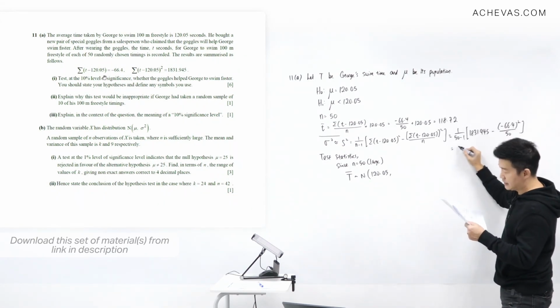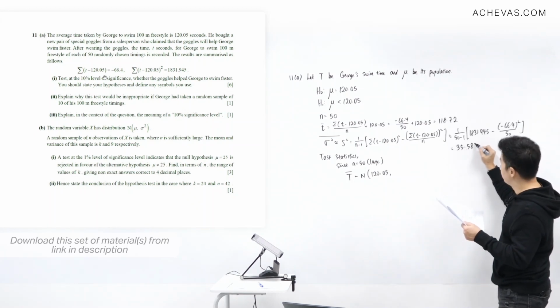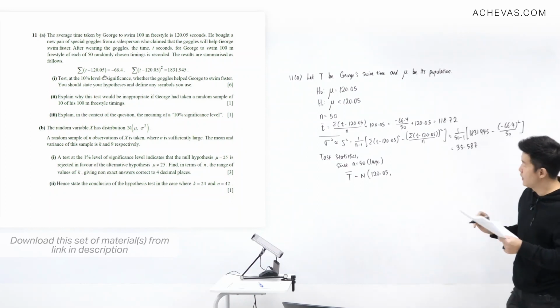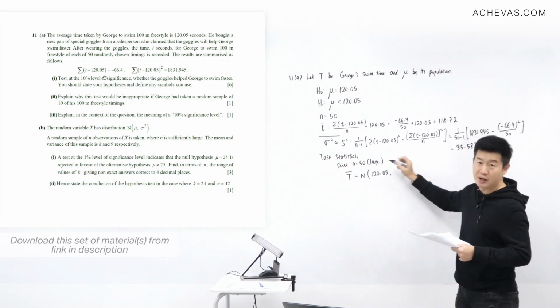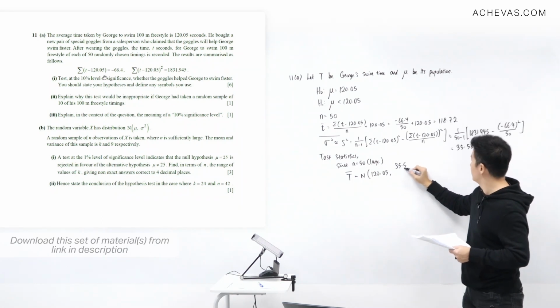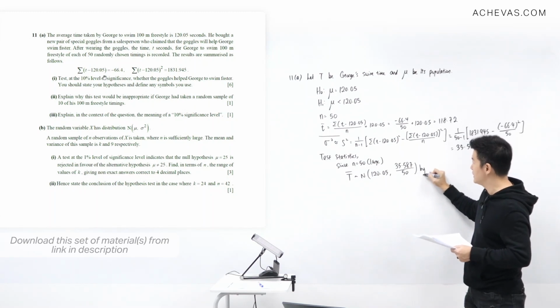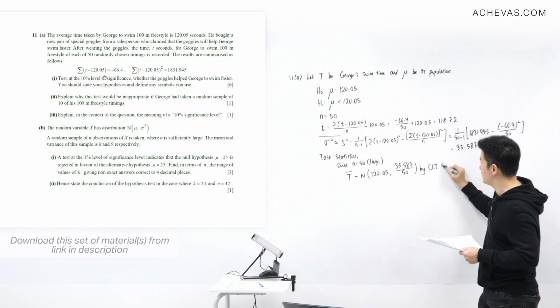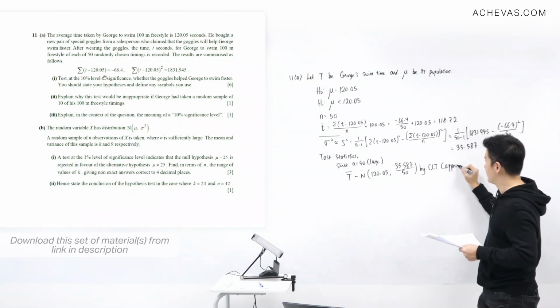So this is getting me 35.587. So we have this. Now here will be the population variance, which is this 35.587 divided by n, which is 50 over here. And this can be done through the central limit theorem. So this is an approximated version.